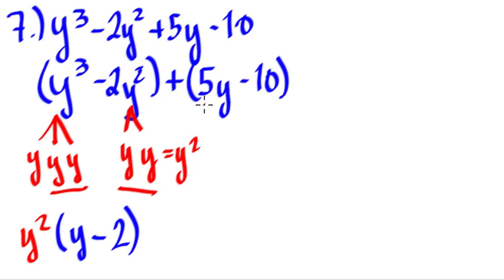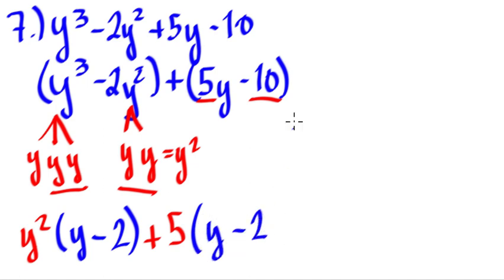Both of them have a common factor of 5, since 5 is 5 times 1 and 10 is 5 times 2. So we're going to take out the common factor, which is plus 5. And what is left with this term is y minus 2, since 10 divided by 5 is 2. And here we go. Both of them have a common factor grouping, which is y minus 2.